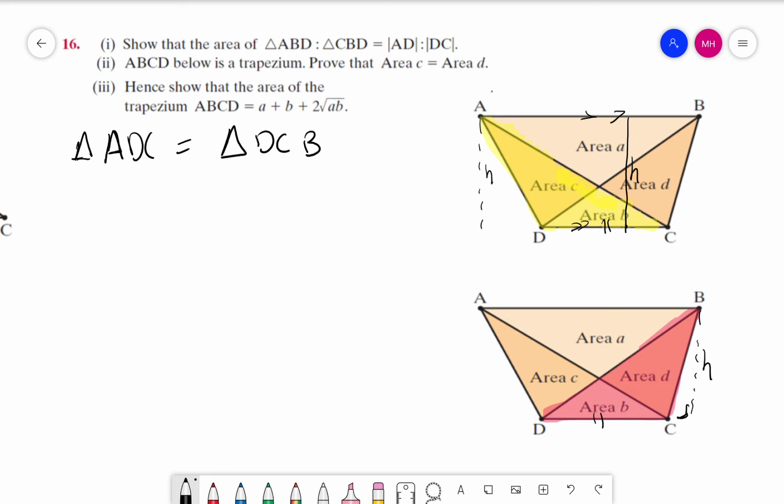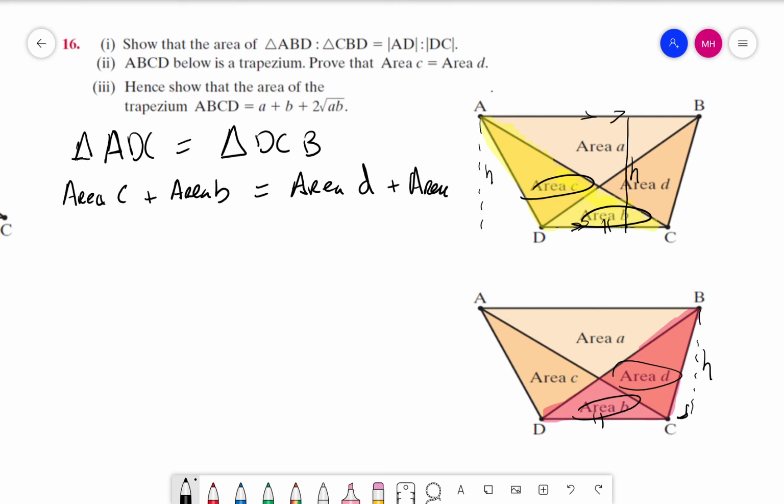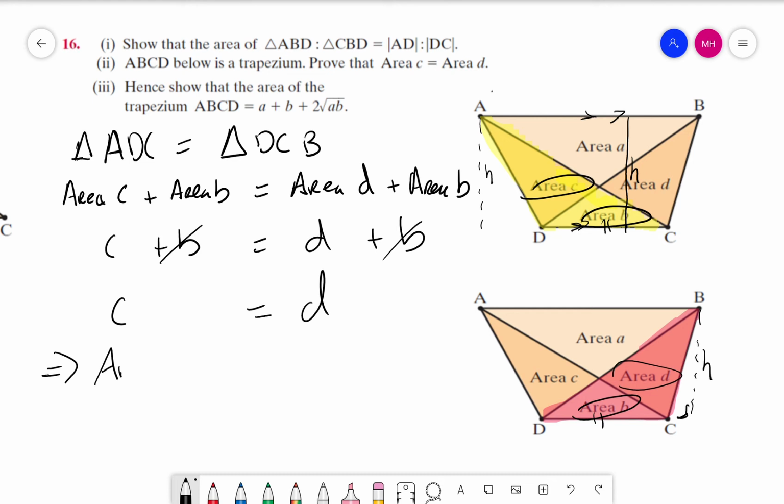And the area of triangle ADC, this triangle here, is C and B. And that's equal to this triangle here, which is D and B. Okay, so in other words, we have C plus B is equal to D plus B. Now, since B is the same on both sides, we end up with C is equal to D. So that's it done.